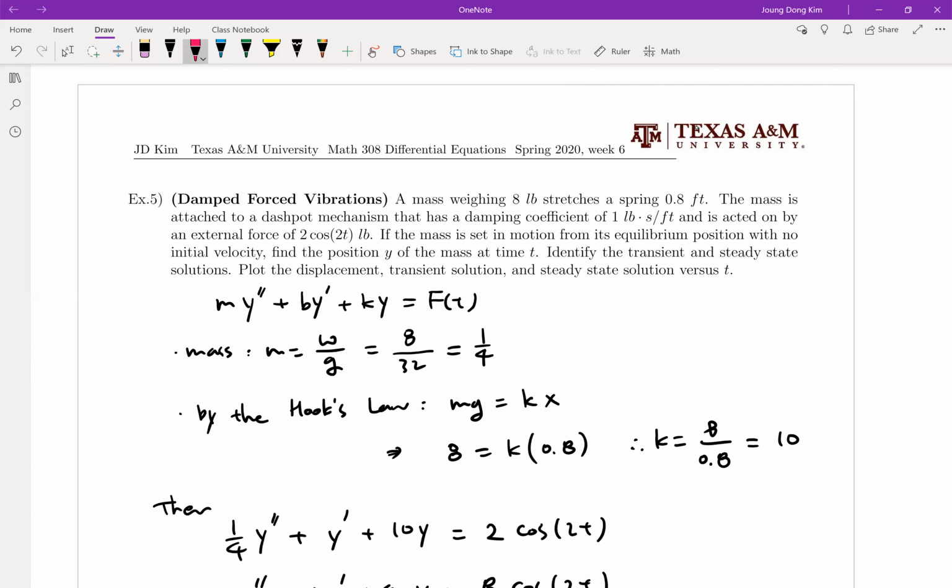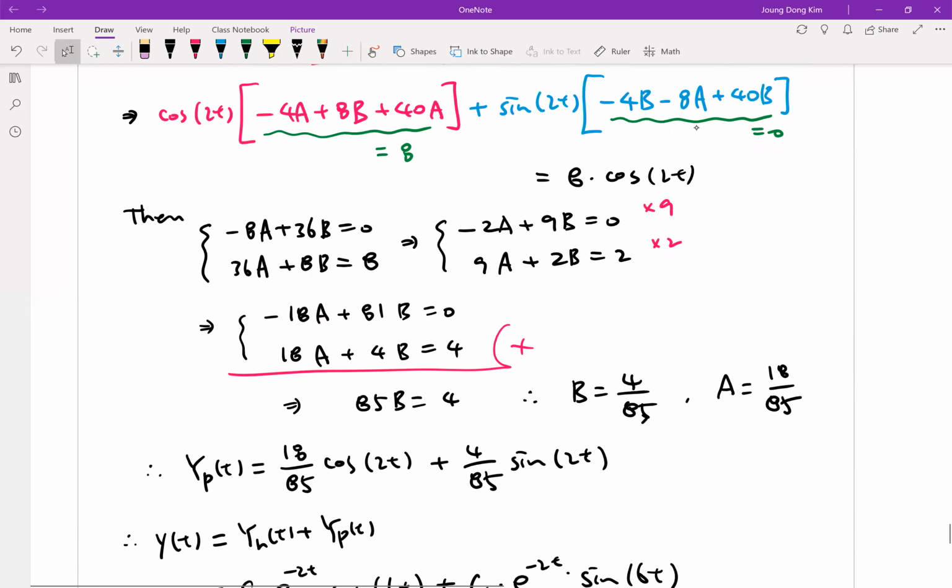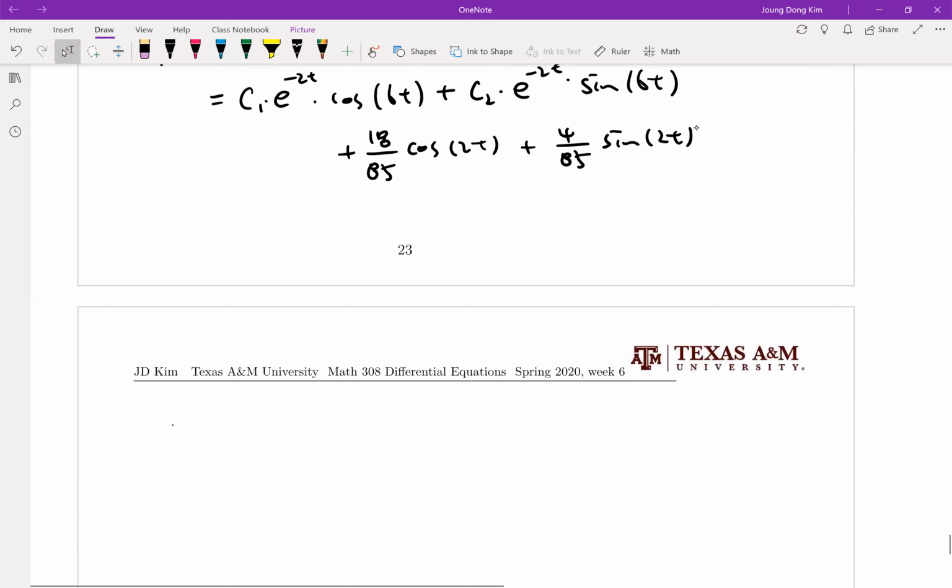The mass is set in motion from its equilibrium position, which means y(0) equals 0, and they said no initial velocity, which means y prime (0) is also equal to 0. Let me use the first initial condition first. Let me scroll all the way down.